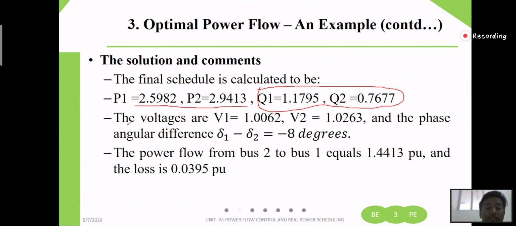Another one is voltage: V1 is coming out to be 1.0062 and V2 is coming out to be 1.0263. See here, what is the maximum voltage we have?